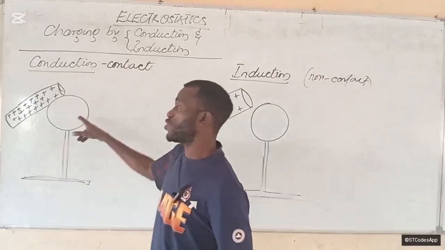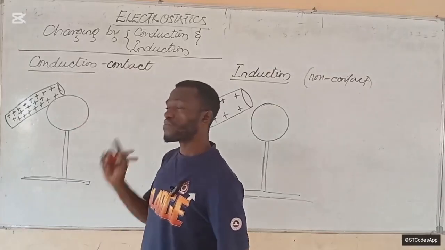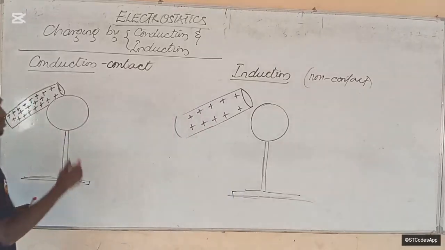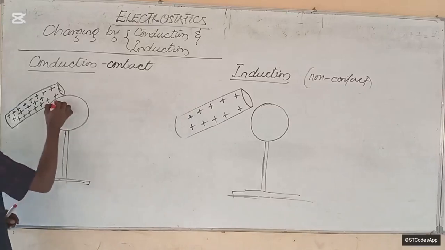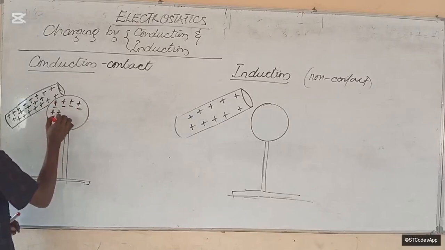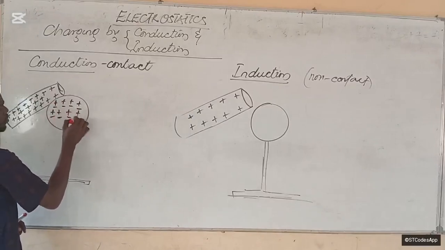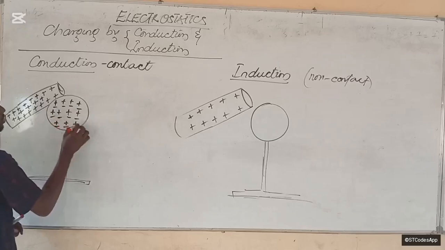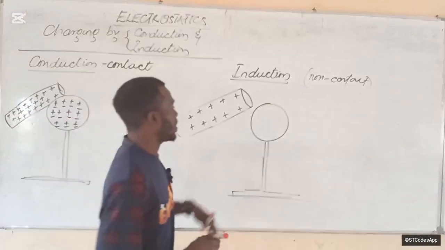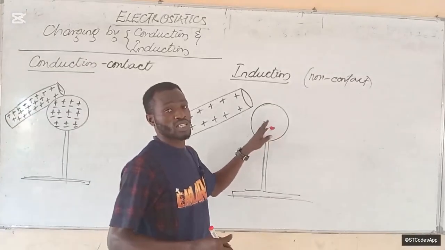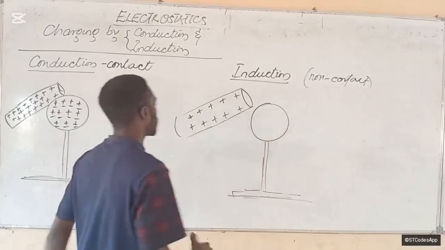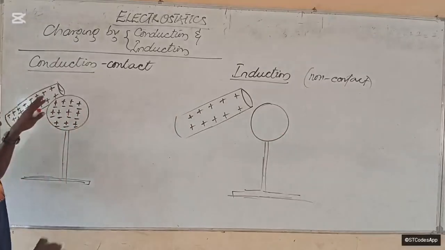This sphere is said to be neutral because before contact, this metallic sphere had equal distribution of positive and negative charges. Here also, the distribution of positive and negative charges is equal before charging. So that's why this one is neutral, and this one is charged.